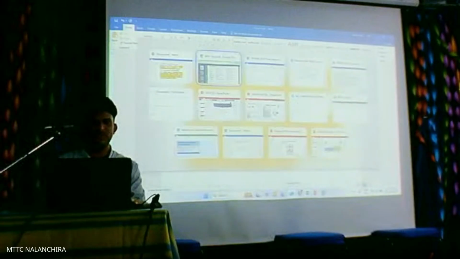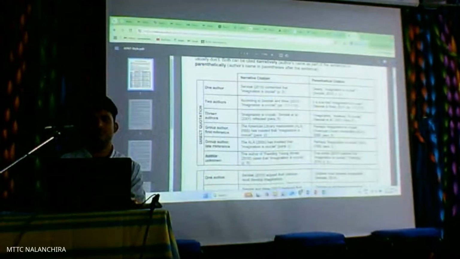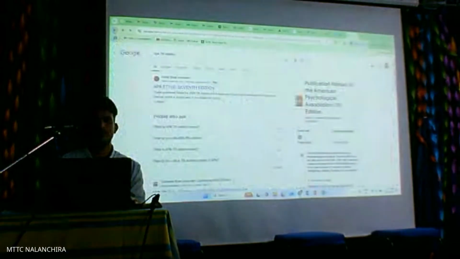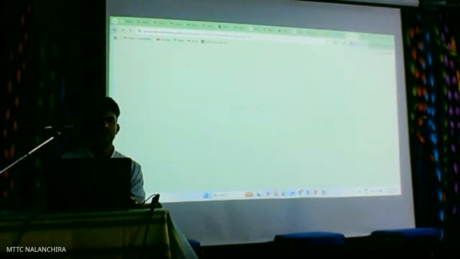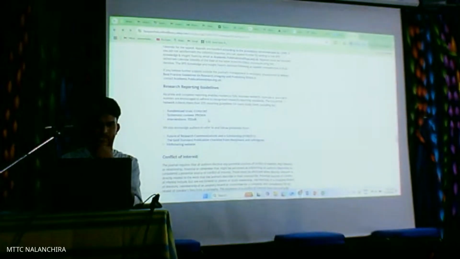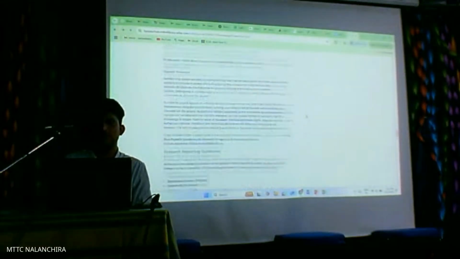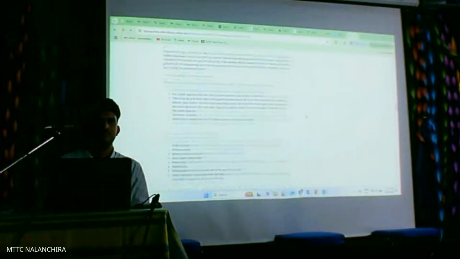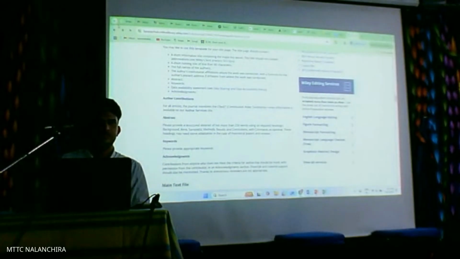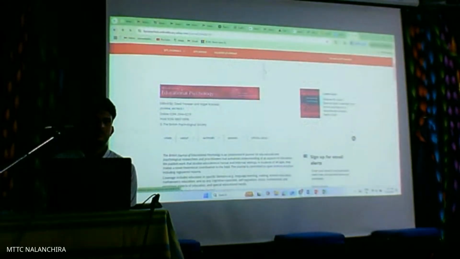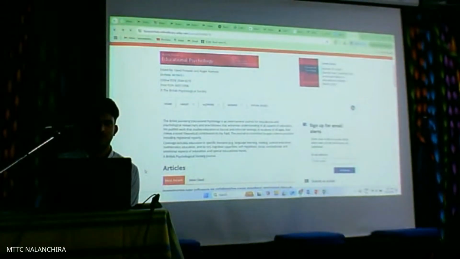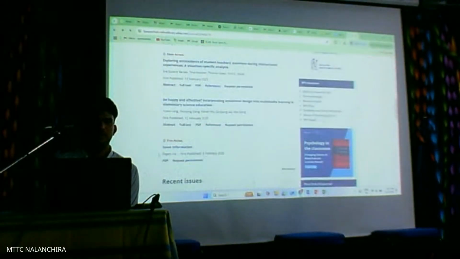Every sentence, as we have seen in some of the journal articles. See this, everything is mentioned properly, everything within brackets. Some of these articles are the most cited.